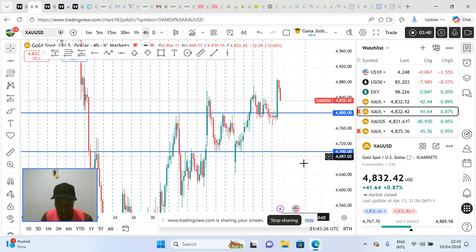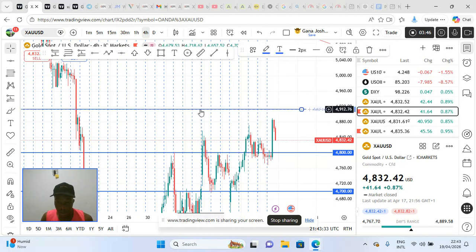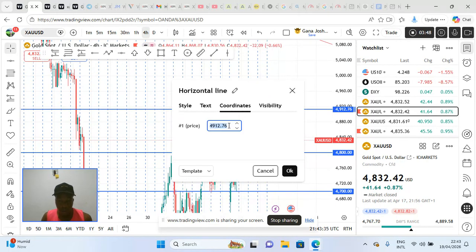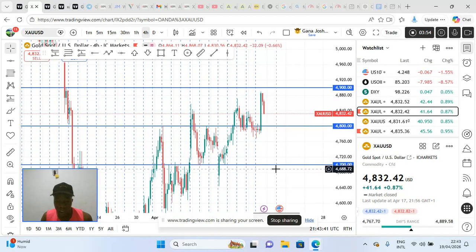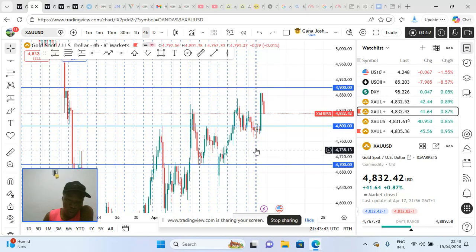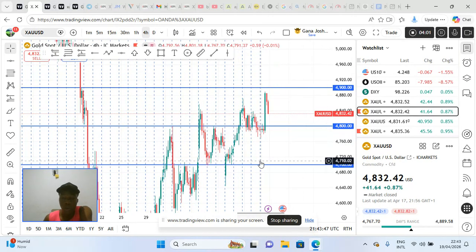Without doing anything else, this is your first support, this is your first resistance, and the next number up is 4,900. Anywhere you see blue is support, anywhere you see red is resistance. That's basically what we do here.